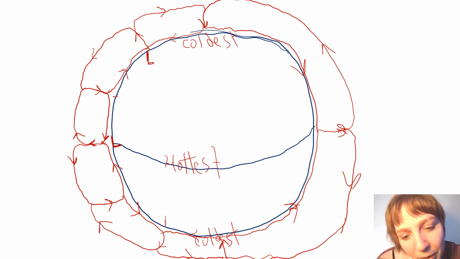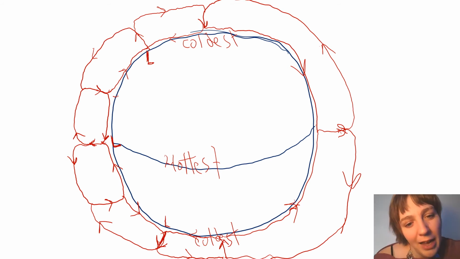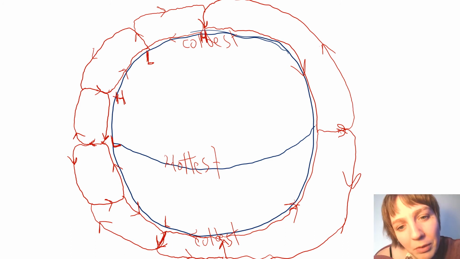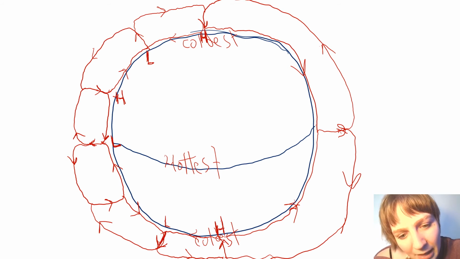And there's a low pressure because this air is rising away from the surface of the Earth. Okay, now everywhere that we have sinking air, that's high pressure. So high, high, up here at the pole, high at the pole, and here's another sinking, so that's high.